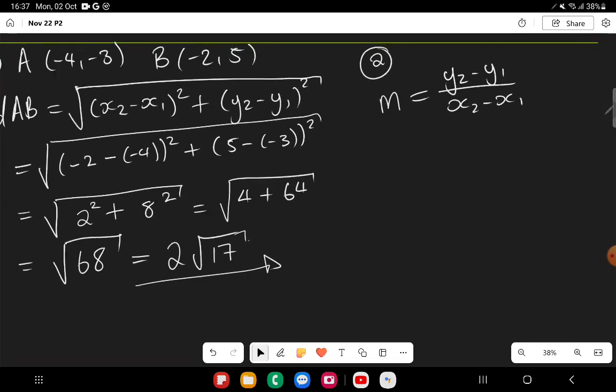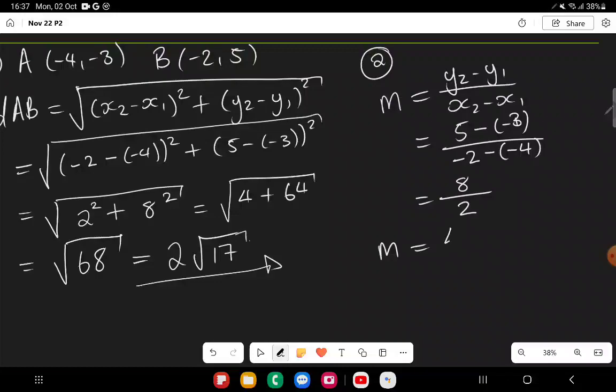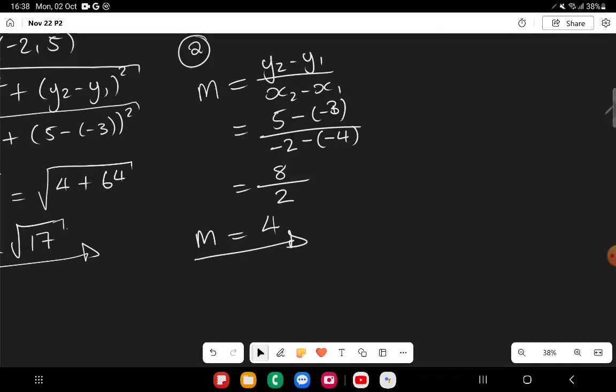That's going to be 5 minus -3 over -2 minus -4, which gives me 5 plus 3 is 8 over 2. So the gradient is equal to 4. That's my final answer.